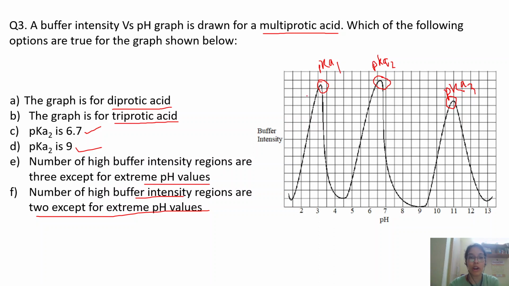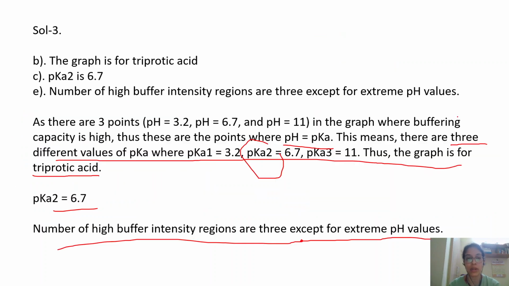Okay, so what about the F point? What about the E point? We can see there are three high buffer regions, 1, 2, 3, except for extreme pH values. Okay.